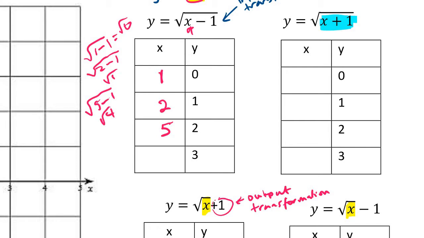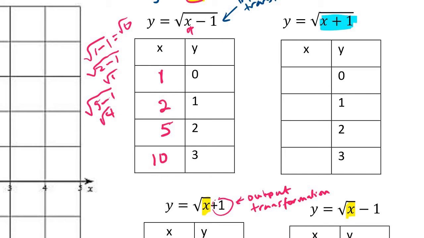So I need to have, if I do 7, that will not work. That will be square root of 6. I need 10, that will work. So that's how you fill out that table whenever you are looking for the input and you don't have the output: you just guess and check.